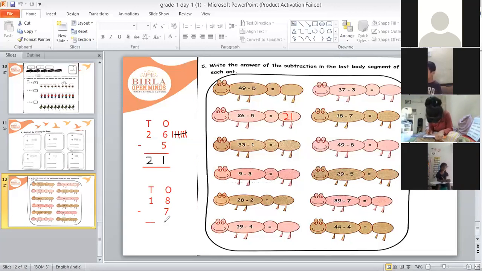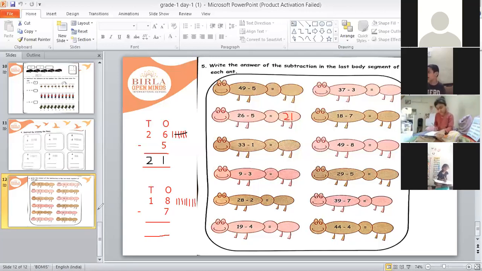So now again what we'll do, we will draw number of lines according to the first number in ones place. So here in ones place our first number is 8. So we'll draw here 8 lines. 1, 2, 3, 4, 5, 6, 7 and 8.